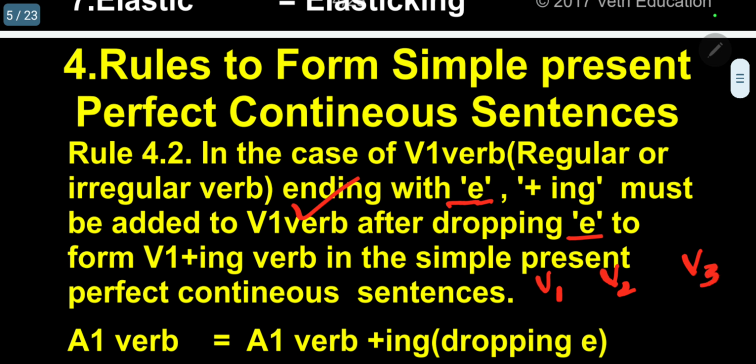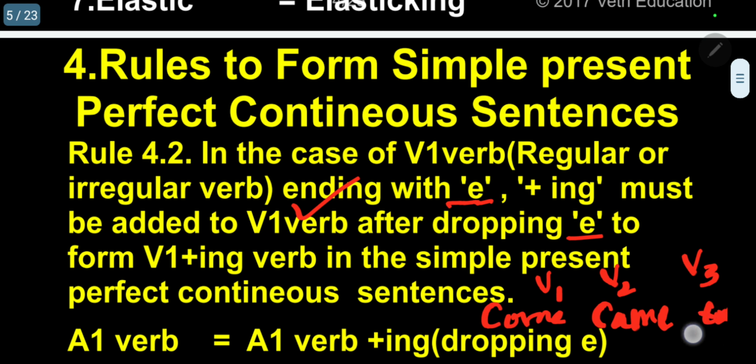Kindly follow. If any verb ends with E, let me take the example come. It is an irregular verb. Why is it irregular? You are going to see now. It ends with E, so what is happening? Past tense of come is came. Then come, C-O-M-E.